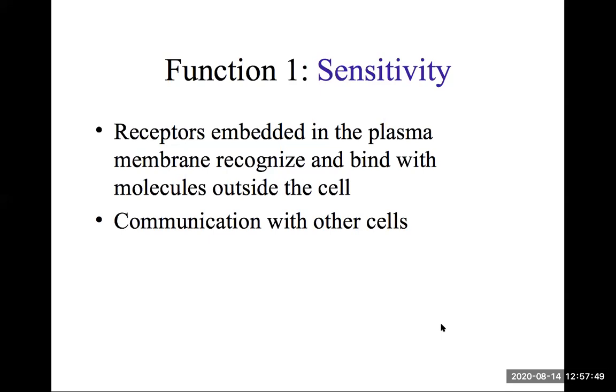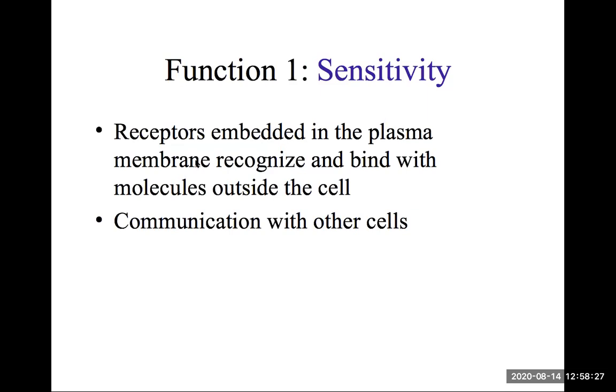All right, what does this plasmalemma or skin do for you? First of all, it serves as a site of sensitivity. And what this means is interacting a little bit with the world outside. And this is accomplished by receptors that are embedded in the plasma membrane. And they can recognize and bind with molecules that are outside the cell. So this is going to be important for the cell when it comes to bringing necessary molecules inside.